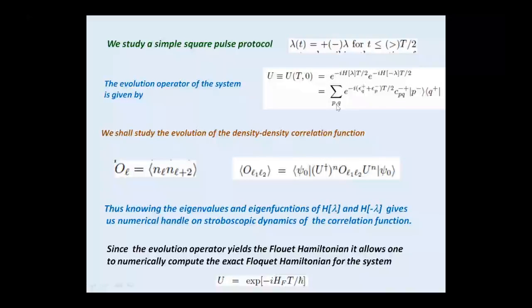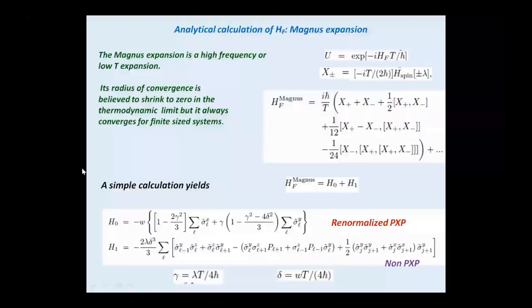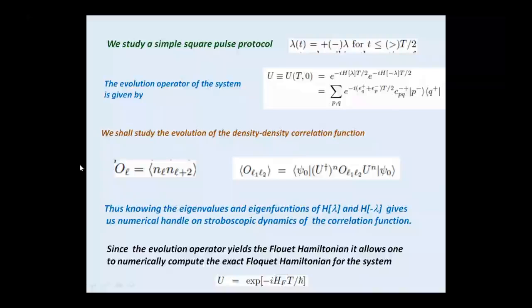And then we are going to calculate the expectation value of an operator, typically a density correlation operator of this dipole, in the presence of this drive. Here I'm going to make one comment. We do this in two ways.